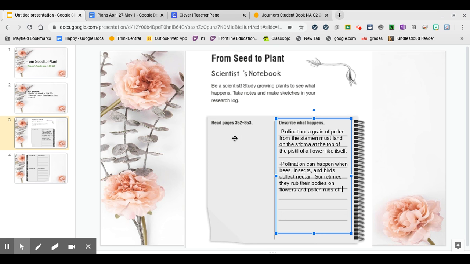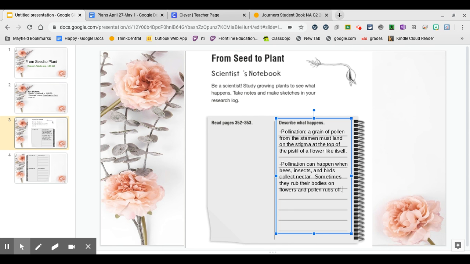Over here, what we want to do on our page is our first note was what pollination is. You could draw a picture similar to the one on page 352. Then below that, we talked about how pollination can happen. Maybe I might draw a picture of a bumblebee collecting nectar from a flower.